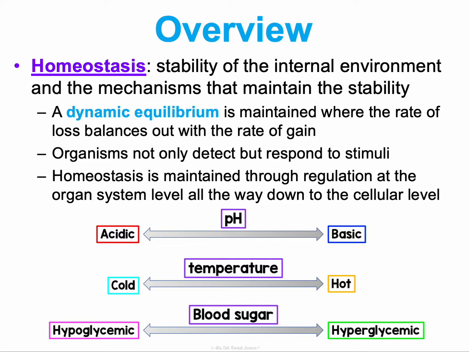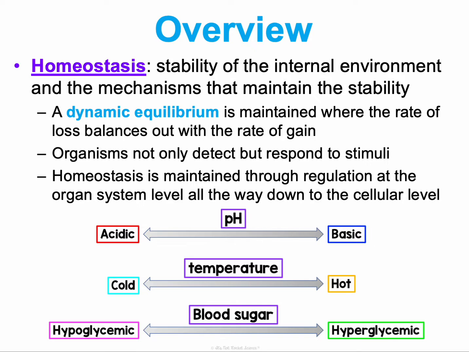We call this a dynamic equilibrium because it is always changing. There's typically a range that we would like different things to stay within for our body. Usually it's not always one specific number, but there's a high end and a low end that we want it to stay between. So that's why it's dynamic and not static.